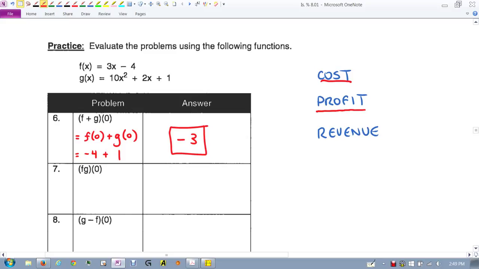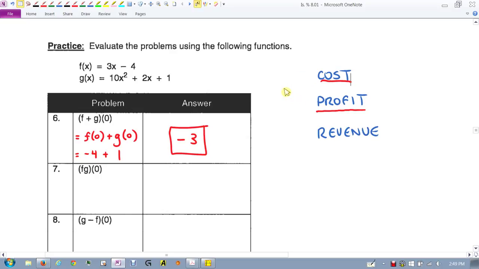Revenue is the difference between the two. Is that the way you see it? Or is it the other way? Is revenue the money in and profit what you take home? This is always confusing to students.